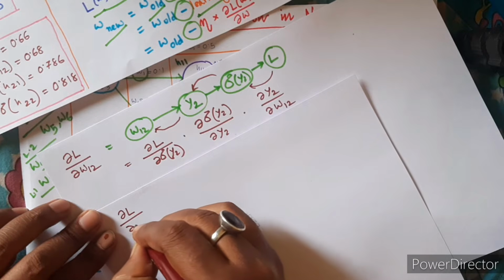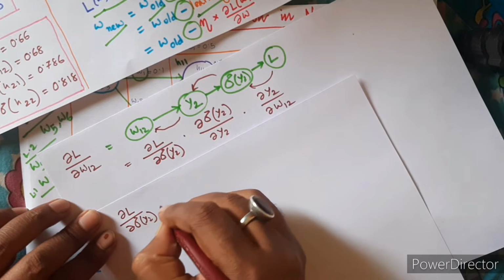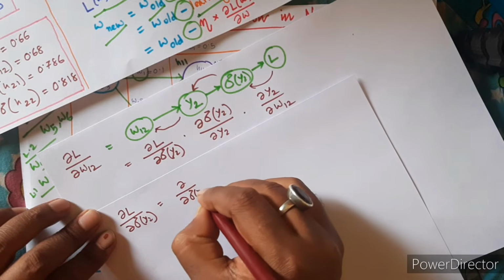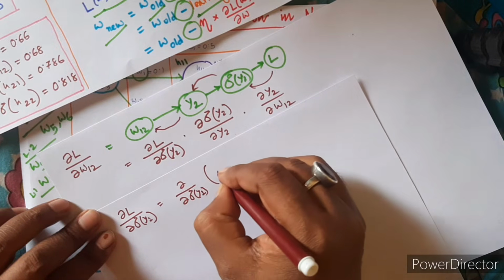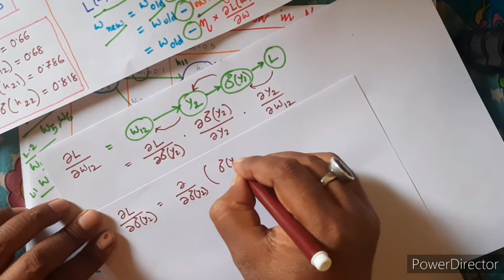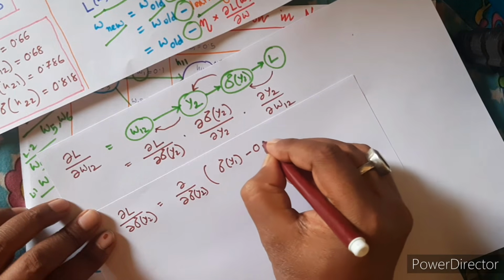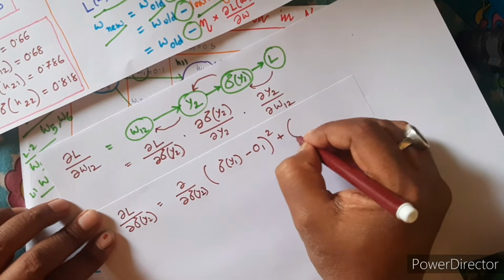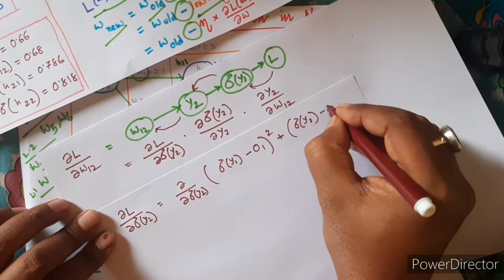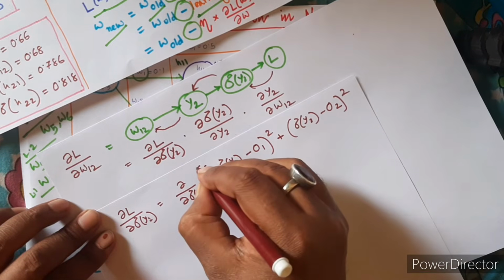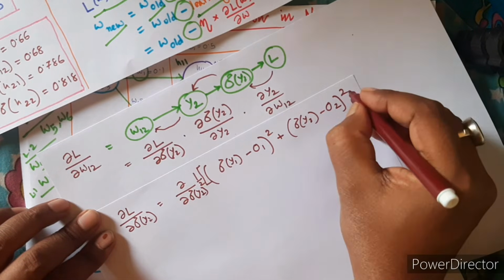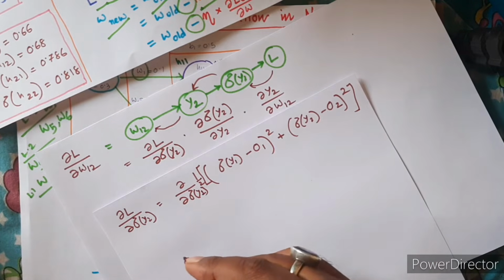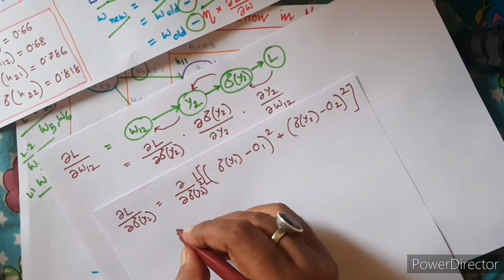Delta L by delta sigma y2: L is equal to sigma y1 minus o1 whole square plus sigma y2 minus o2 whole square, into half. So this is your L value, right?